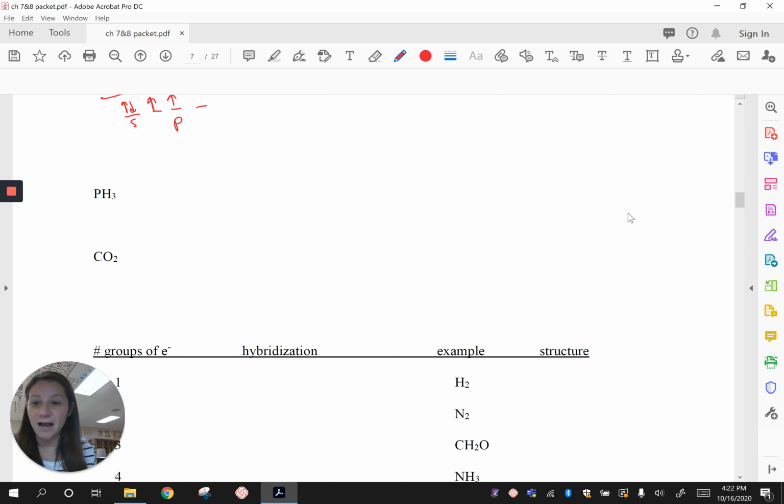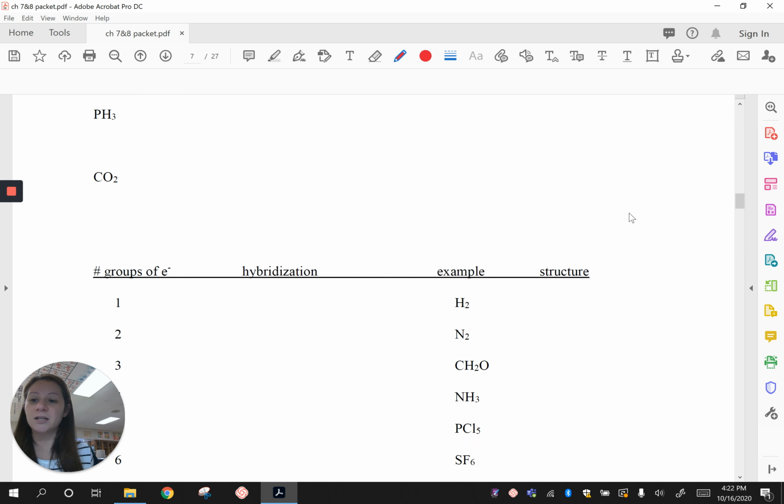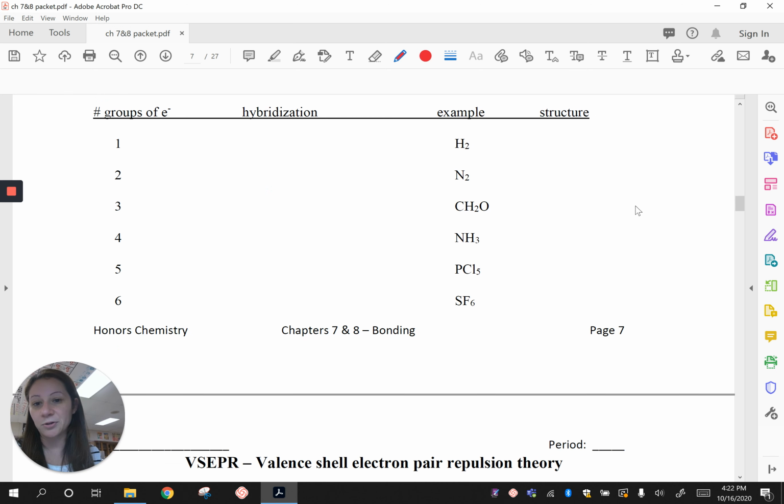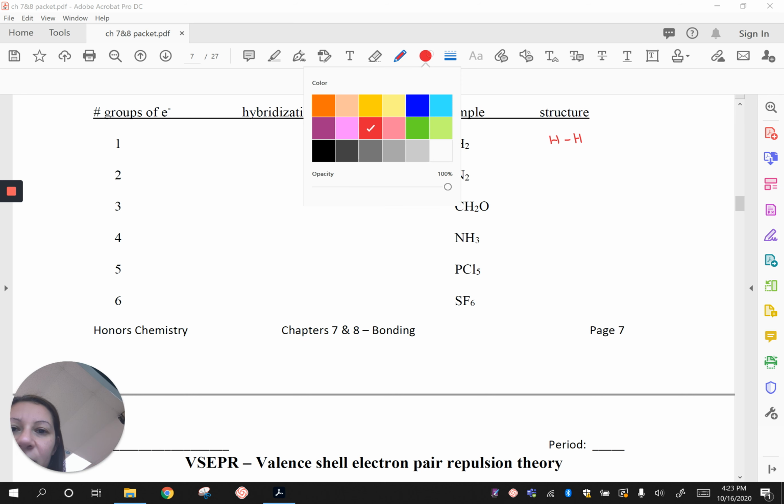So it turns out that this hybridization, this mixing of orbitals, happens all the time. So let's draw these structures and try to figure out what the hybridization is. Let's draw them first. Go ahead and pause the video and try to draw them and then check.